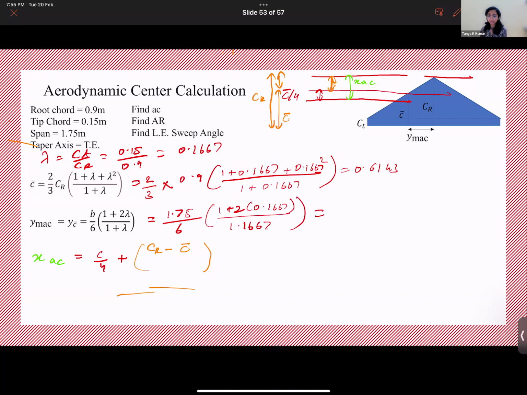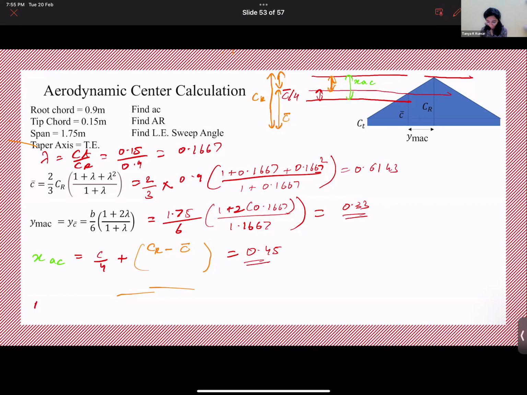What is YMAC? 0.33. Okay. And this XAC? 0.45, right? Do correct me if I'm going wrong somewhere, but I think it's 0.45. Okay, so this is the AC.